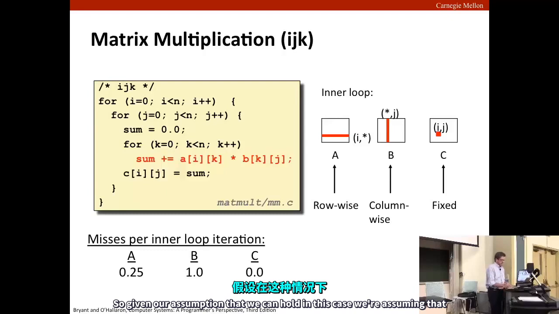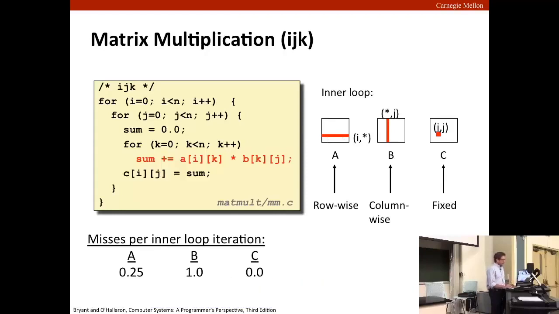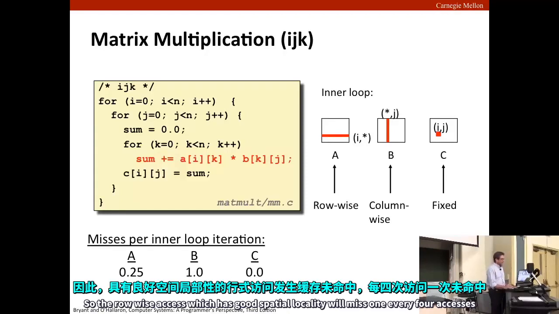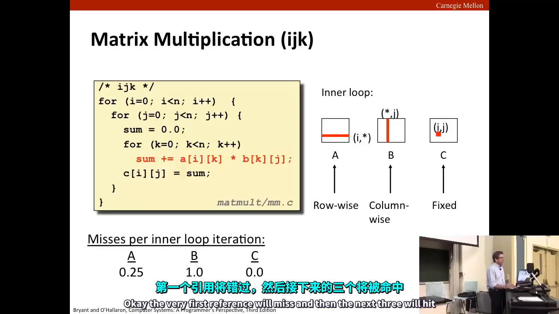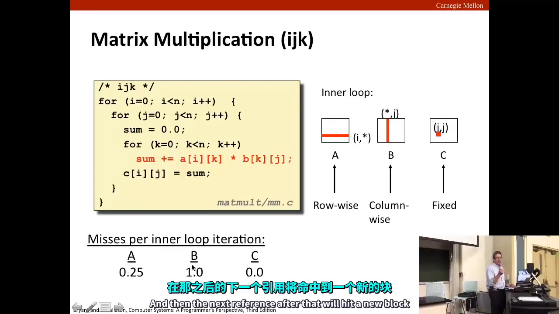Given our assumption that we can hold four of these integer elements in one block, the row-wise access, which has good spatial locality, will miss 1 every 4 accesses. The very first reference will miss, and then the next 3 will hit. And then the next reference after that will hit a new block.